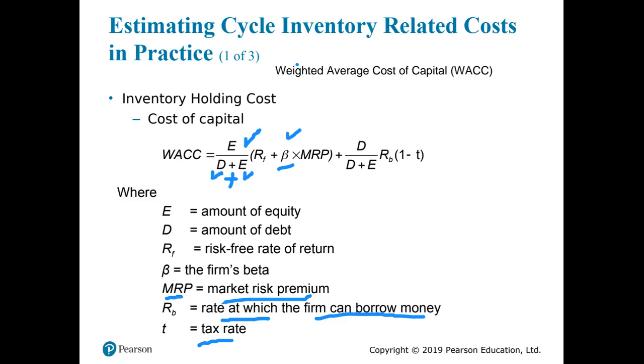And MRP, the market risk premium, and then again D divided by D plus E into RB. RB is the rate at which the firm can borrow money. So together all this formula gives us the weighted average cost of capital.